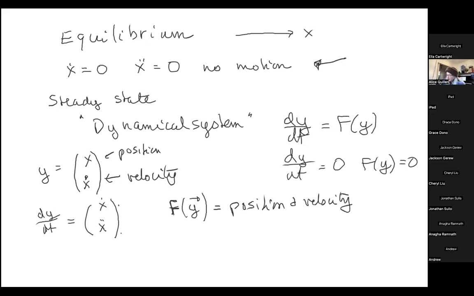So for a one-dimensional system, you can talk about equilibrium as just a condition on both of these things being constant. There's nothing particularly weird. And if you want to put it in the context of what's called the dynamical system, you can.